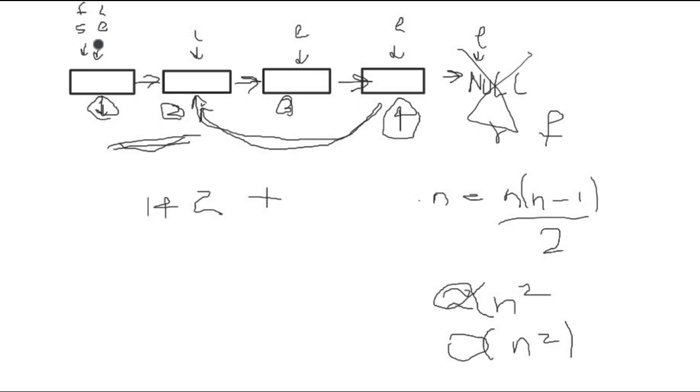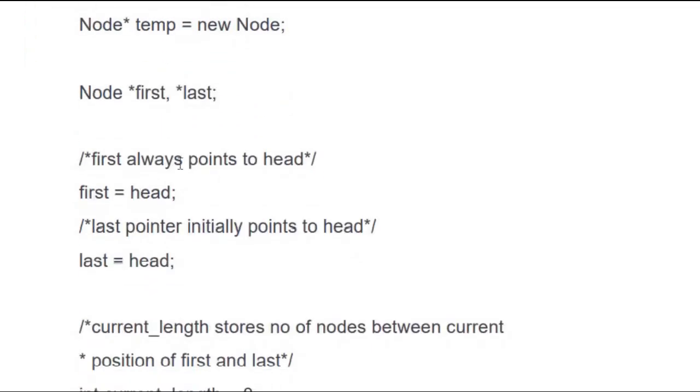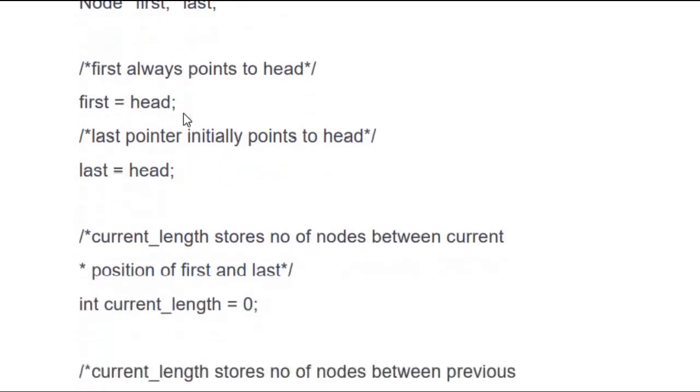But before that, the code of this approach is here. In the detect loop function, we will create a temporary node, and we will create two pointers, first and last.